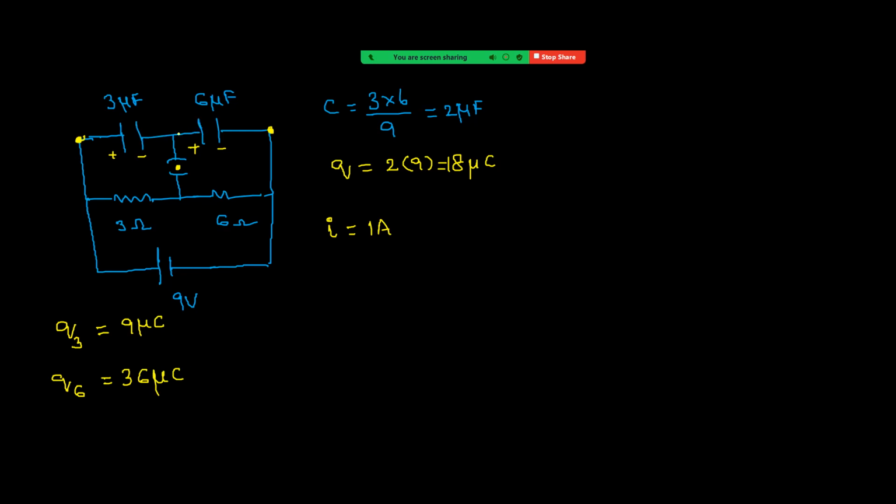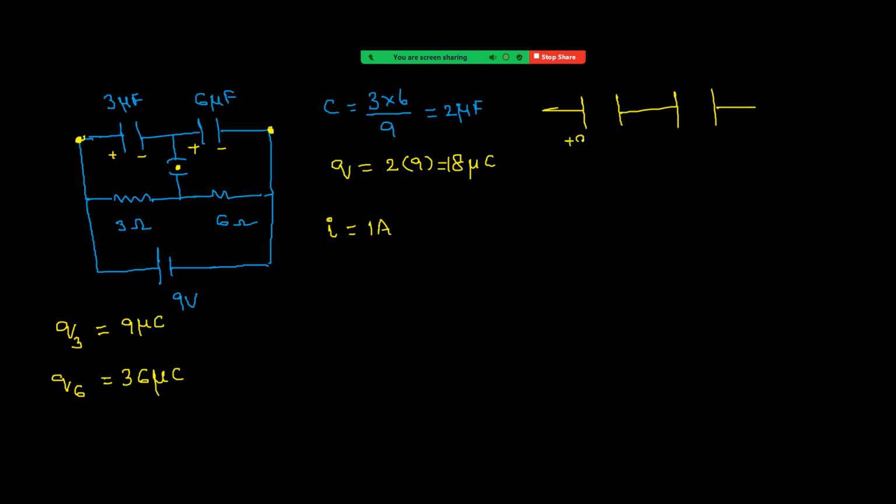Only these two. Before closing the switch, minus 18 plus 18, the total value was 0. Now the charge on the 3 microfarad capacitor is 9. I will draw separately here. This is the 3 microfarad and this is the 6 microfarad.